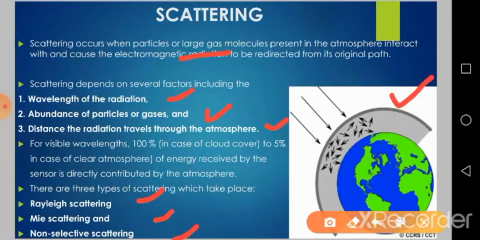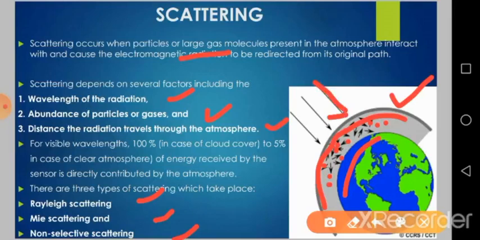In the figure, the phenomenon of scattering is depicted. This is a cover which indicates the atmospheric cover, the atmosphere surrounding the earth. There is the presence of large gas molecules in the atmosphere.